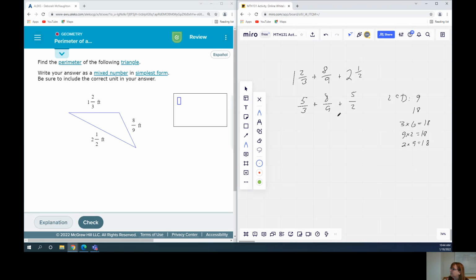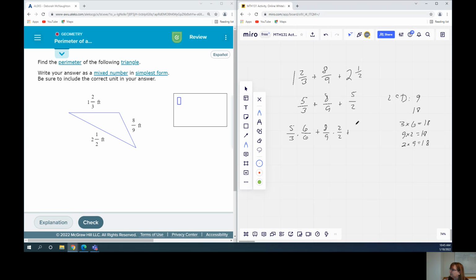Now I need to change these fractions so they all have the same denominator. To get 18, I have to multiply 3 by 6, so I'm going to multiply this first fraction by 6/6. And then the second fraction, 9 times 2 is 18, so I need to multiply this one by 2/2.